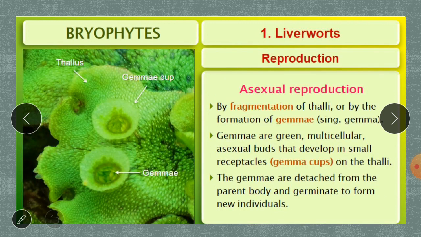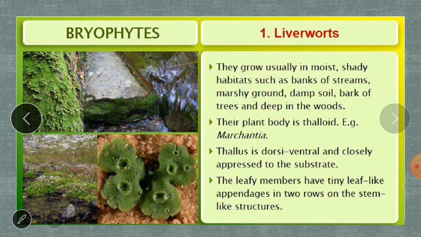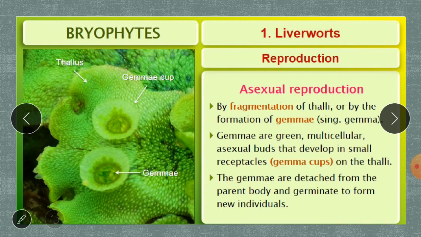Then coming to the types of reproduction in the case of the liverworts. Liverworts reproduce by three methods. Let us see the first one, the asexual reproduction. The asexual reproduction takes place by fragmentation of thalli or by the formation of gemmae.